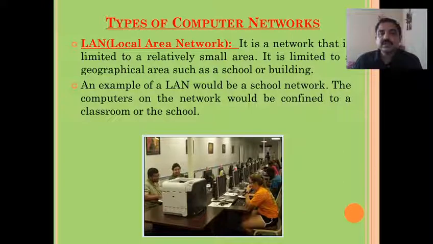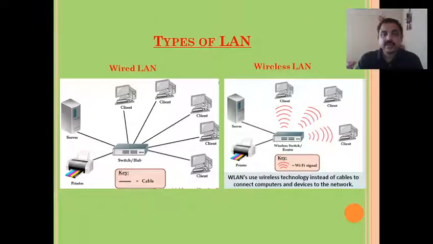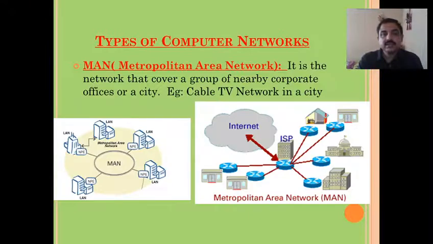Then we saw the types of computer networks: LAN, WAN, MAN, and PAN. LAN is a local area network. Geographically it covers a small area, like a school or building. It can be a wired LAN or wireless LAN. Then metropolitan area network, which covers systems or devices within a city area.